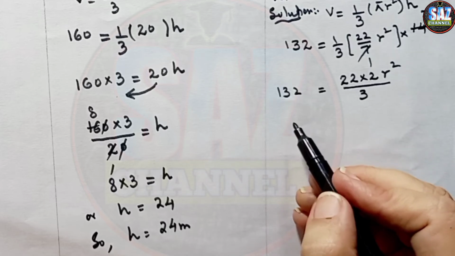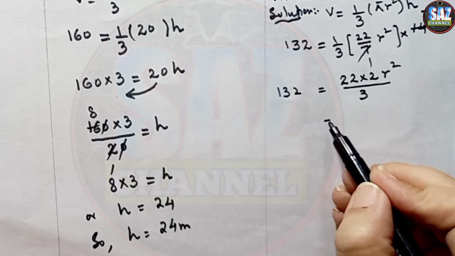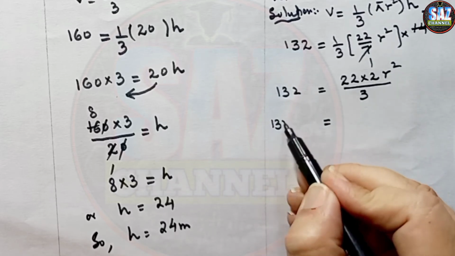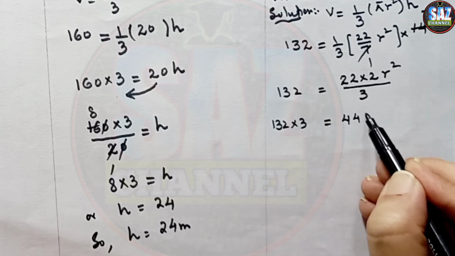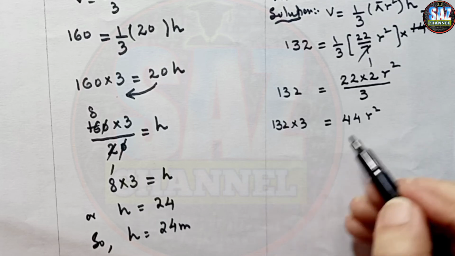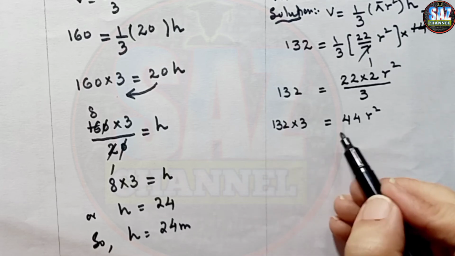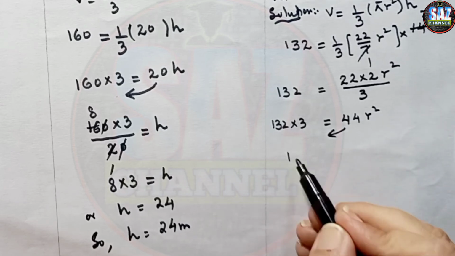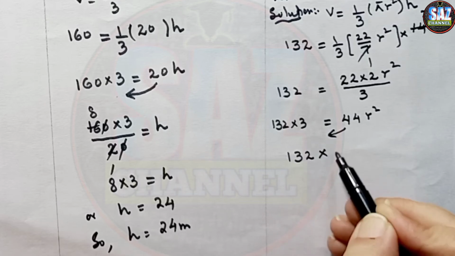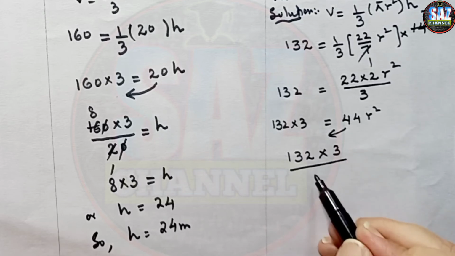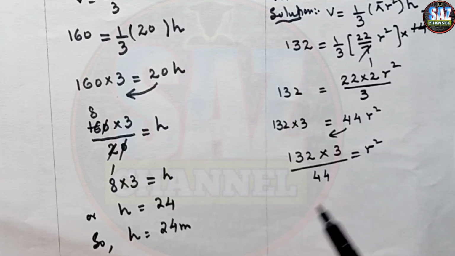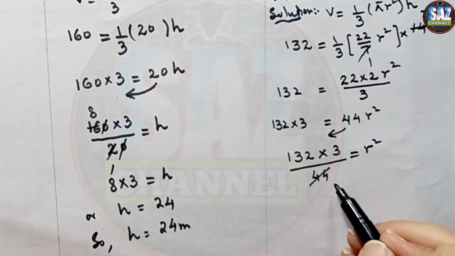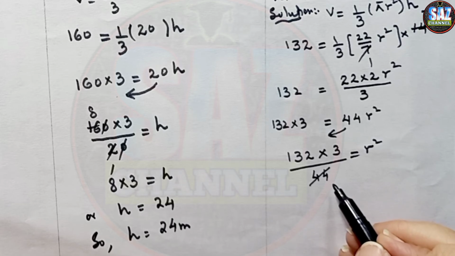Now go for cross multiplication. This is 132 multiplied by 3 equals 44r². Now in order to get the value of r, we have to shift this 44 to the other side. 132 multiplied by 3 upon 44 equals r². Now look, this is an even number, this is 2.